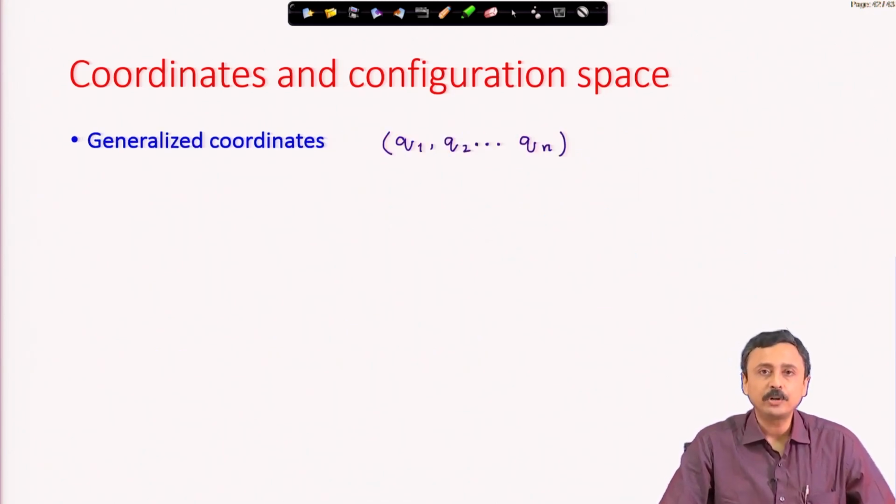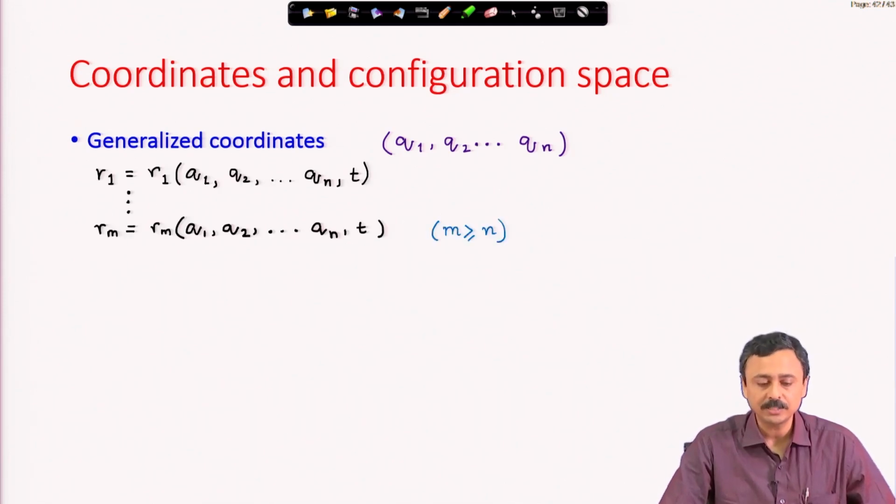Now, we come to generalized coordinates, which will be represented using lowercase q: q1, q2 up to qn, n generalized coordinates. If I have m physical coordinates, then I should be able to represent these m physical coordinates in terms of these n generalized coordinates and in general time.